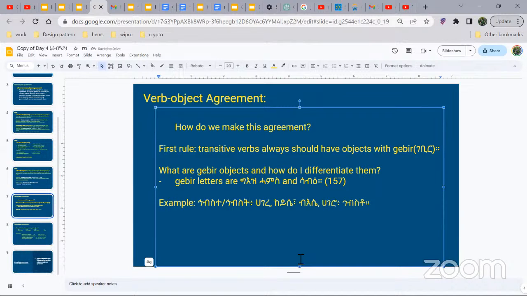Margita, I thought tagabro was an intransitive verb. Yes, intransitive. Oh, right, tabela is intransitive. I thought you said hivist was intransitive.